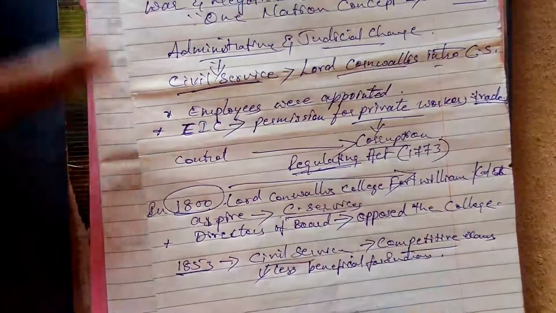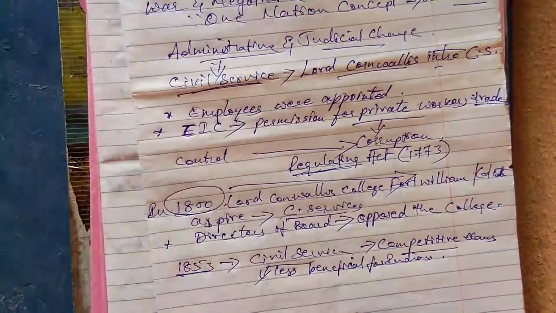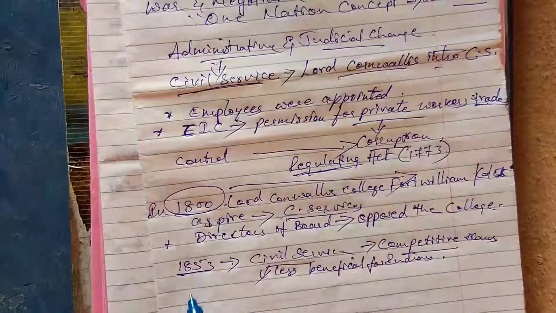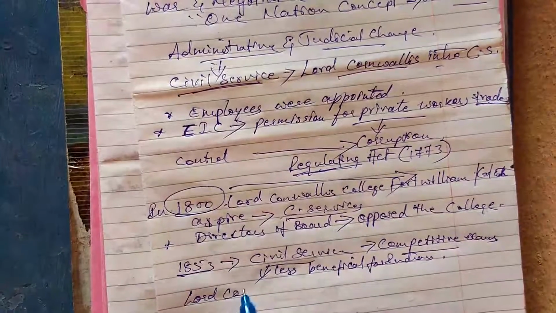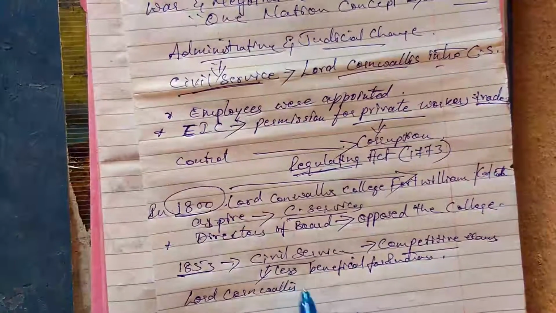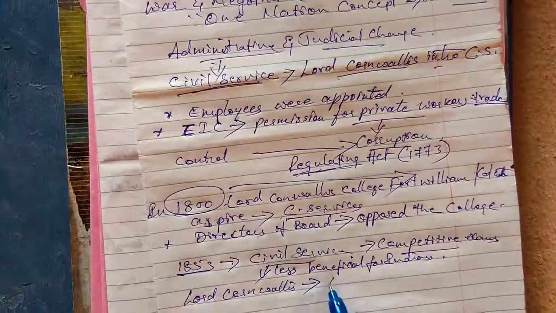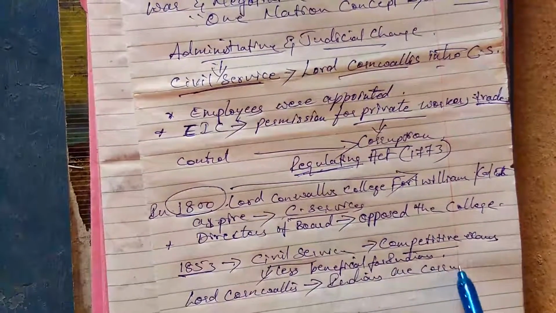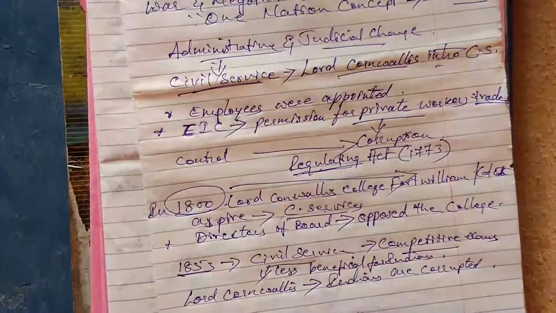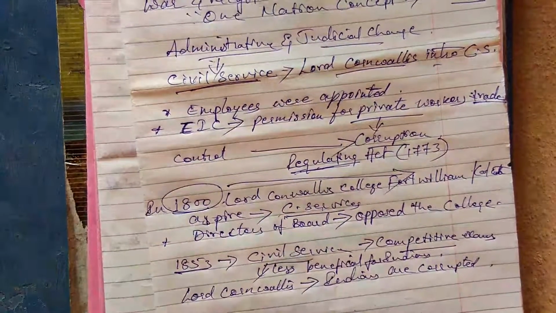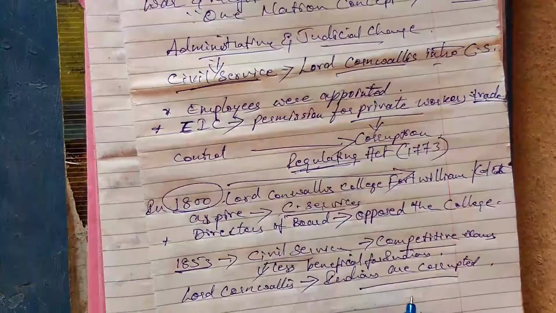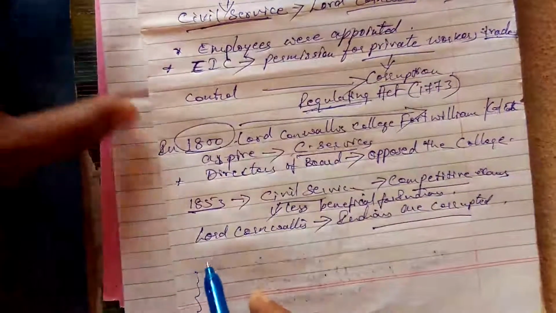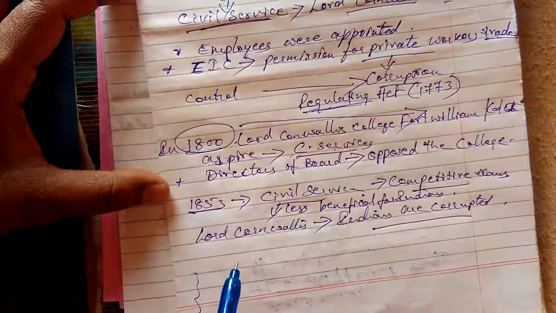Why? They were less beneficial for Indians because, as Lord Cornwallis says, according to him, Indians are corrupted. Because of this statement, that Indians are corrupted, they did not allow Indians to hold high posts.